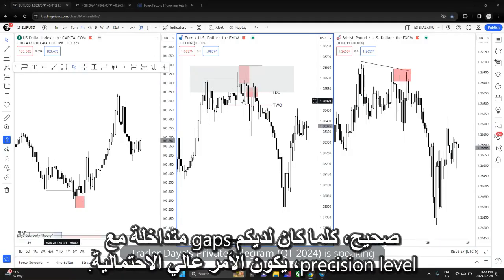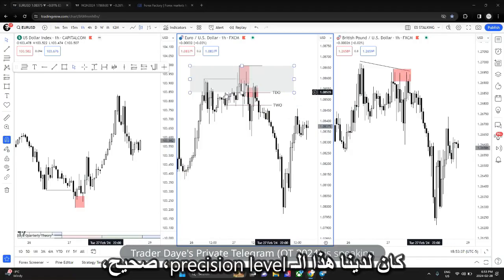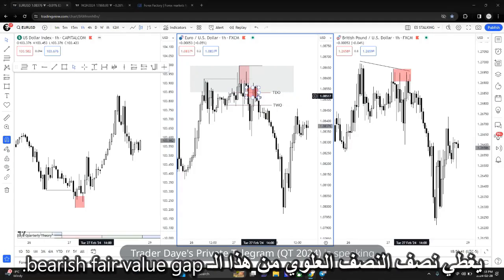Whenever you have gaps overlapping with a precision level, it's a high probability, right? Due to the fact that we had this precision level covering the top half of this bearish fair value gap, right?